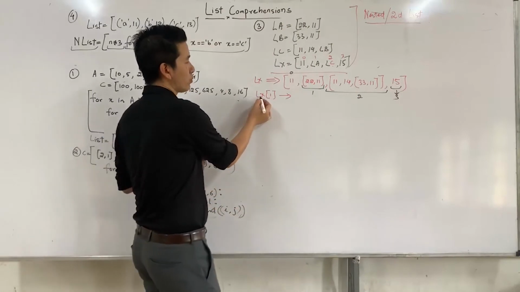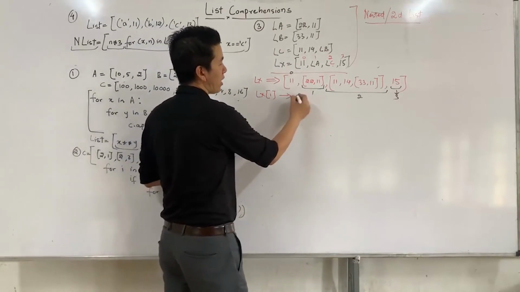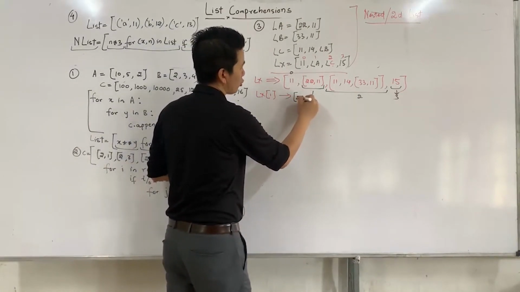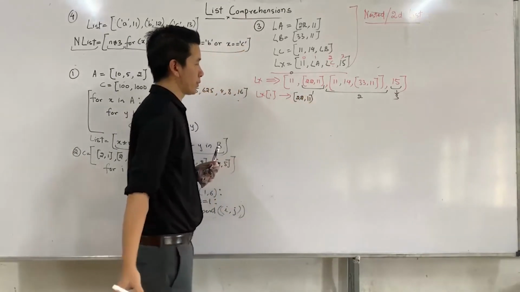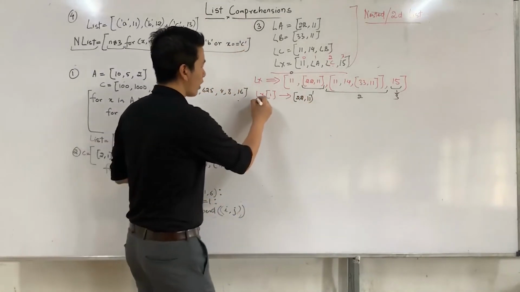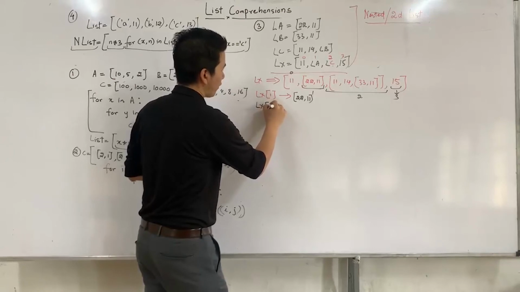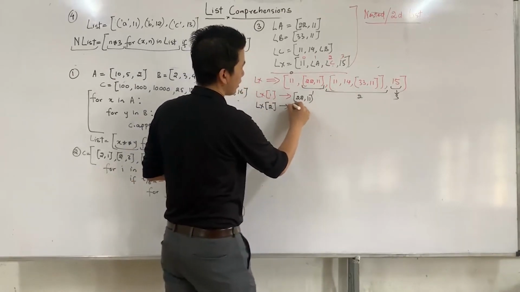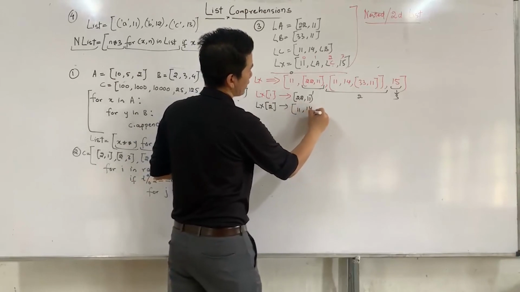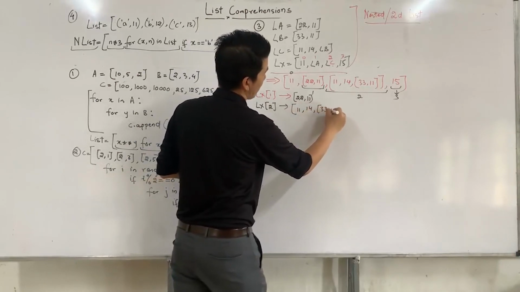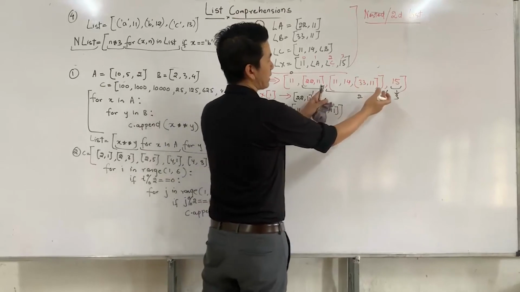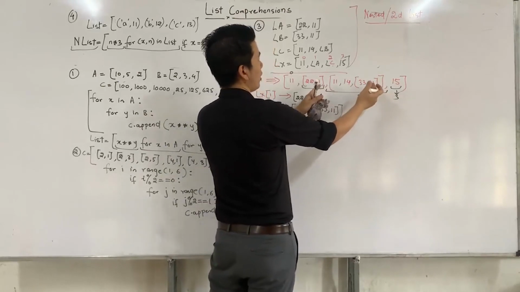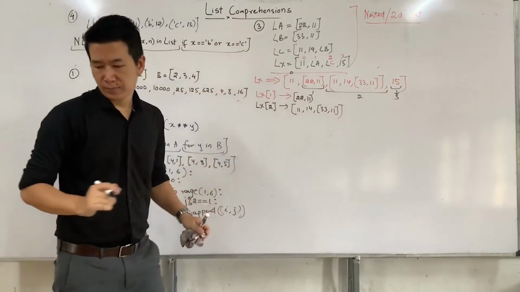If I print LX of 1, I'll get the answer 22 and 11. Likewise, if I print LX of 2, I'll get this entire thing: 14 and then 33 and then 11. So this is the second element as a whole of the list LX.